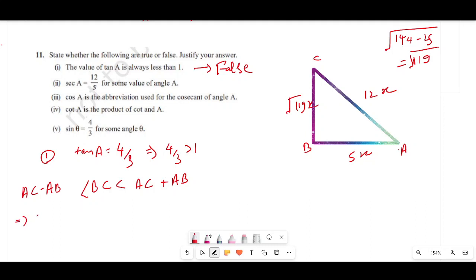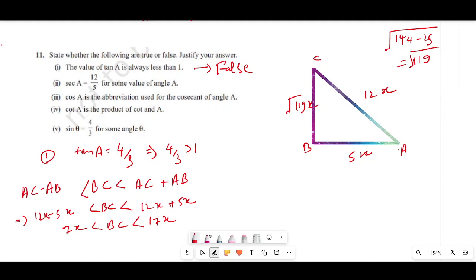That means AC minus AB is 12x minus 5x, and AC plus AB is 12x plus 5x, this is 7x, this is 17x.